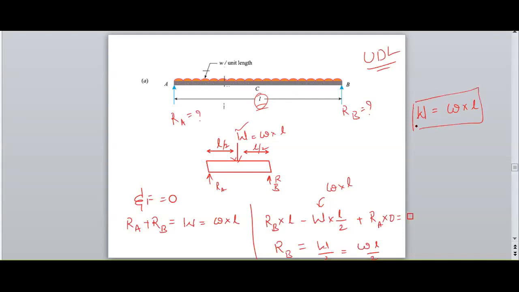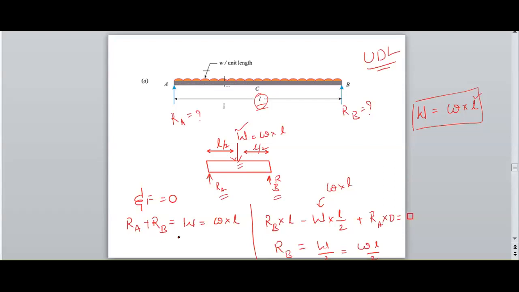Here the UDL is acting over the entire length, therefore I need to consider the small l. Therefore capital W is equal to w into L. That is the point load. Now I have the simply supported beam with point loads only. The upward forces are RA and RB and the downward force is capital W.